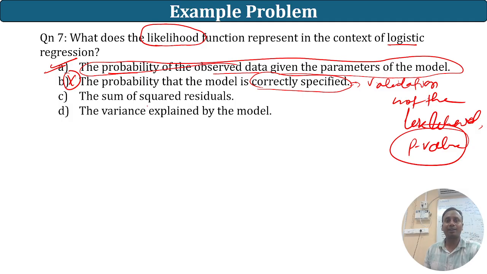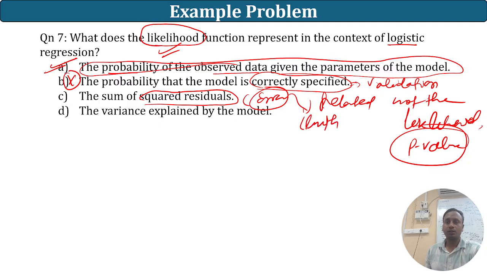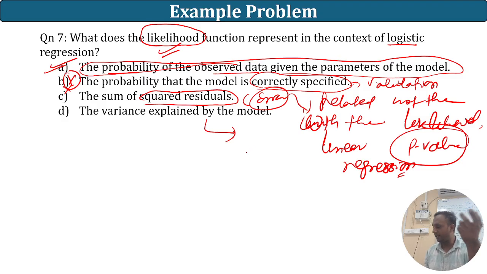The sum of squared residuals is something we talk about for the error, not the likelihood function. It's related to linear regression, not logistic regression, so this can't be the answer either. The variance explained by the model is again not explaining likelihood.